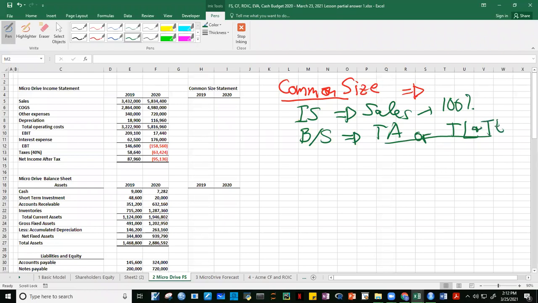Kasi yung total assets, the same naman yan as total liabilities and equity. So, these two become 100%. Okay. So the rest are compared to your benchmarks, to your common accounts. So, ganito lang yan, no?